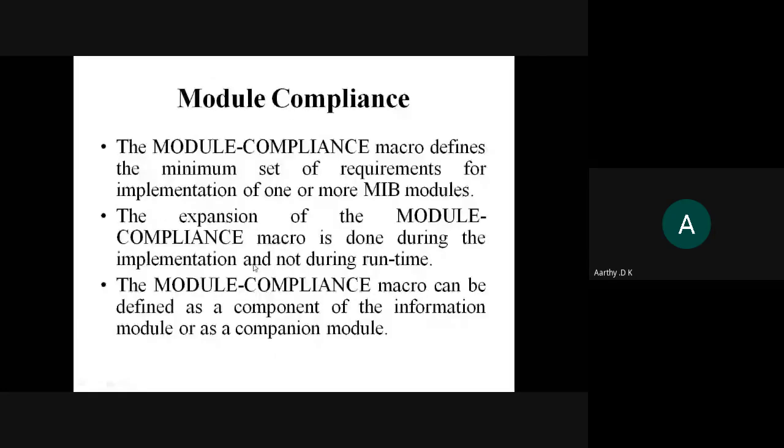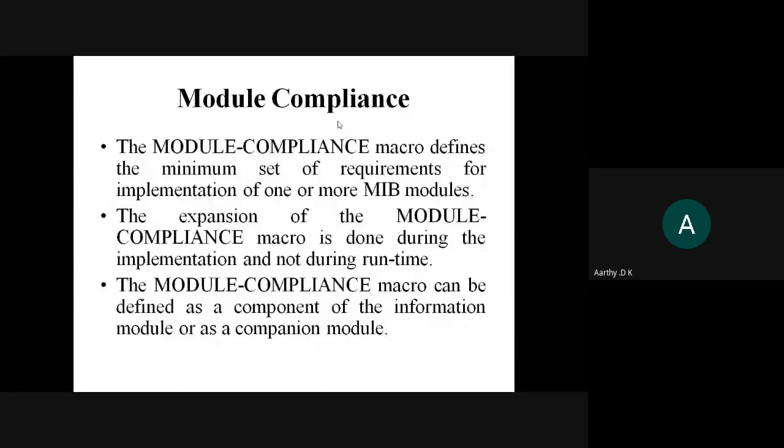So the next one is module compliance. Module compliance means the minimum set of requirements that are required for a module to be implemented. Okay, so minimum set of requirements for the implementation of one or more MIB modules.